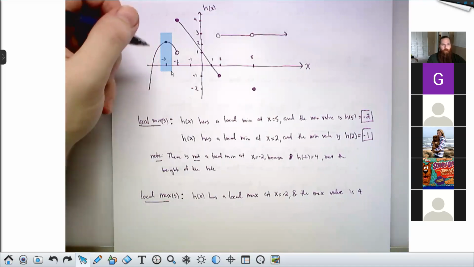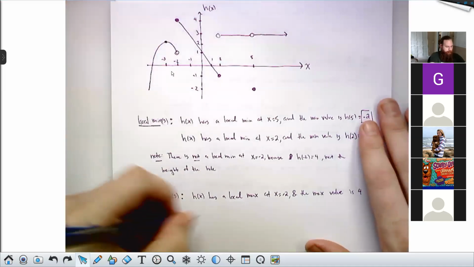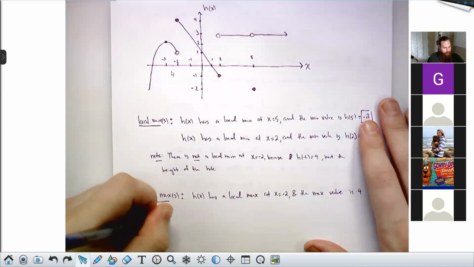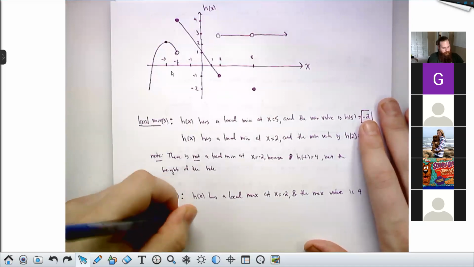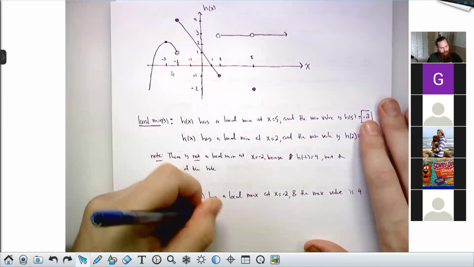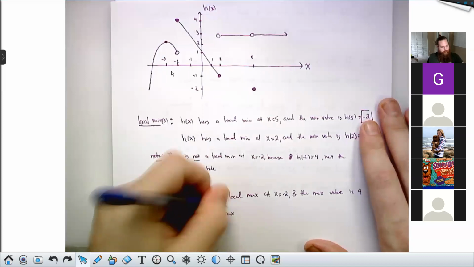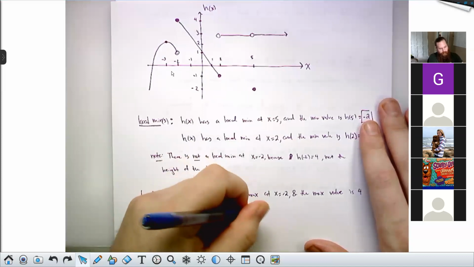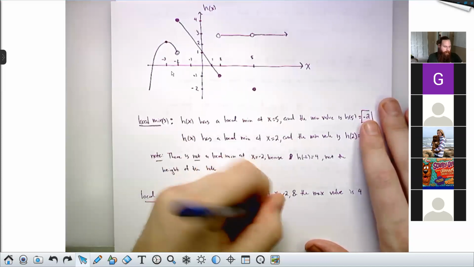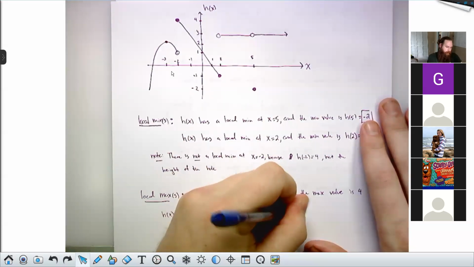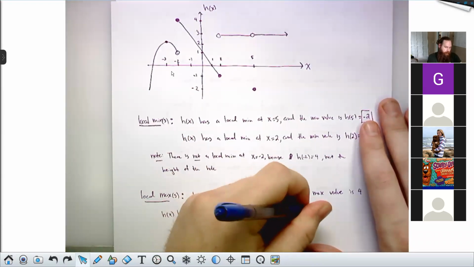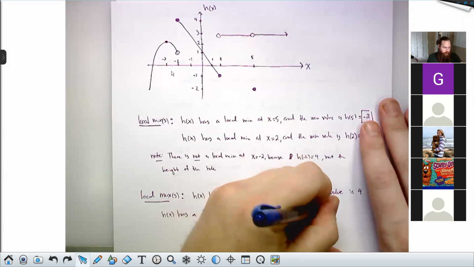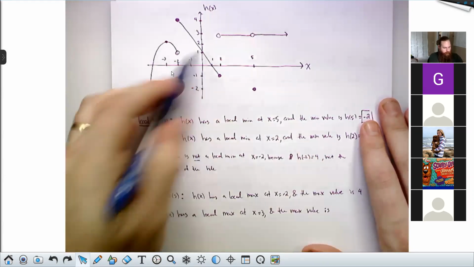So there's also a local max at -3, and the max value there is 2.